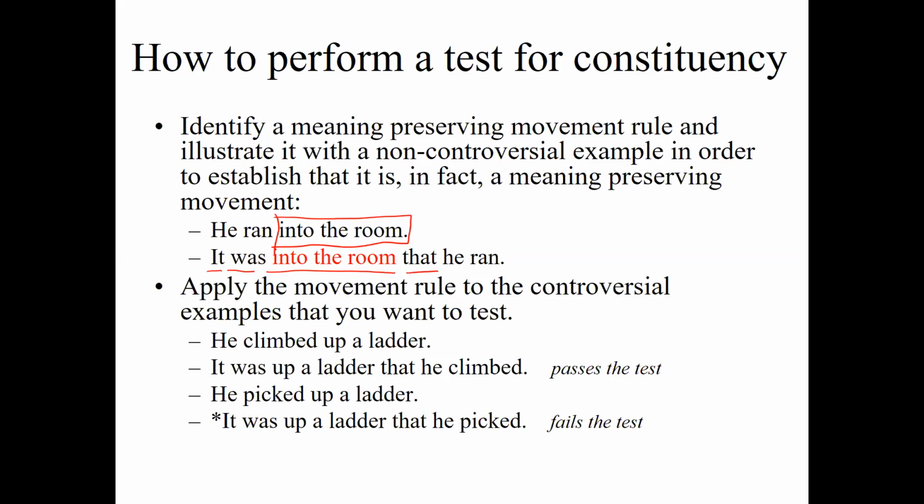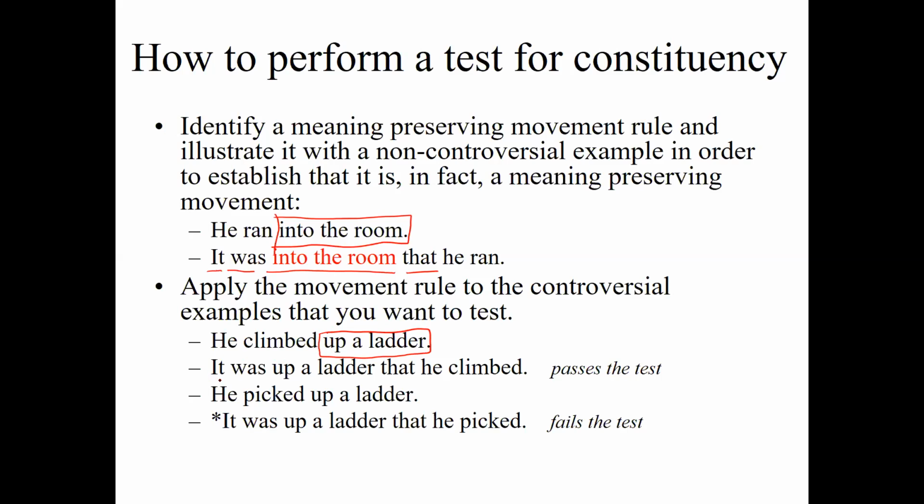So now I'm going to take something that I'm not sure about. What about "he climbed up a ladder"? I want to know whether "up a ladder" is a constituent, like "in the room." So I'm going to chop it off because I'm going to apply the clefting test.